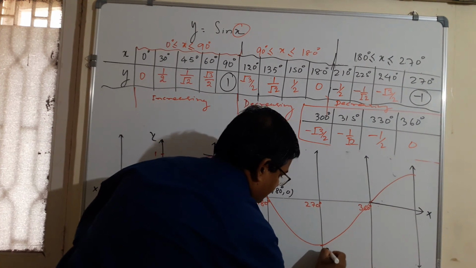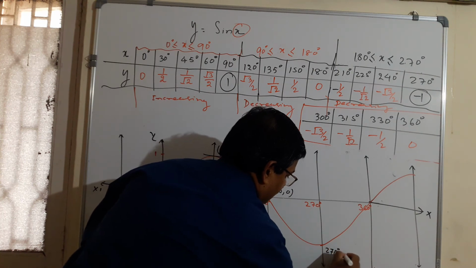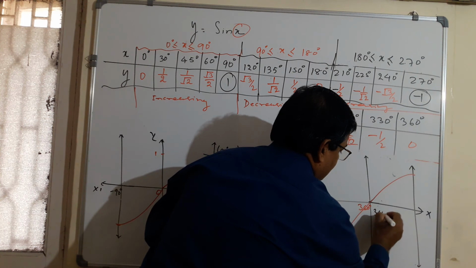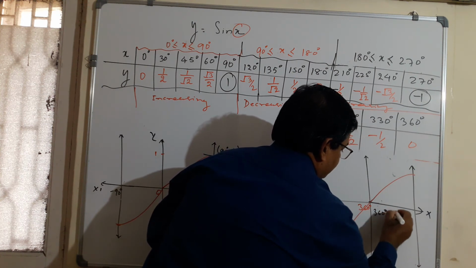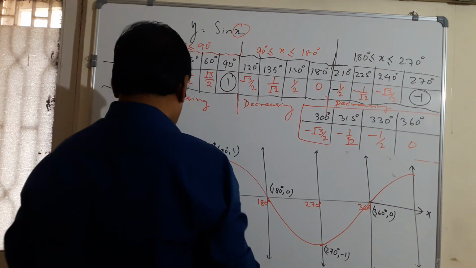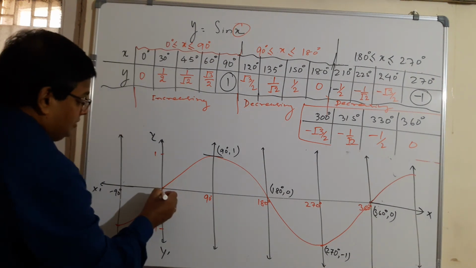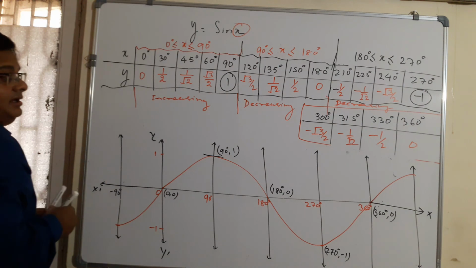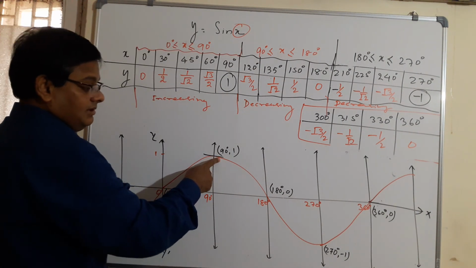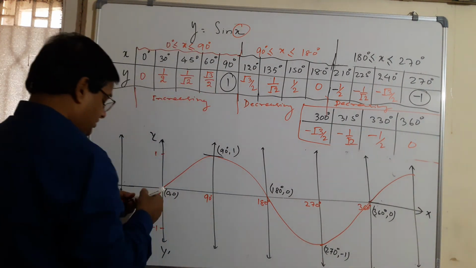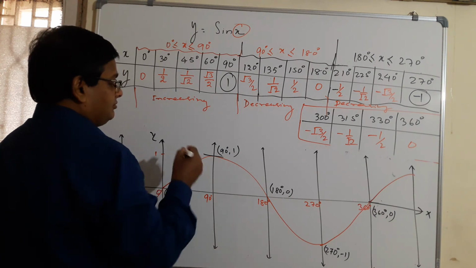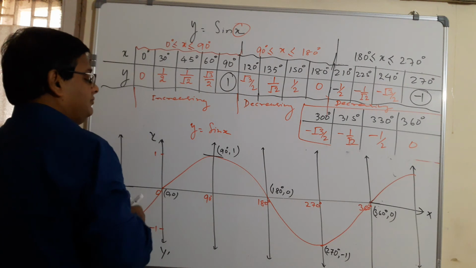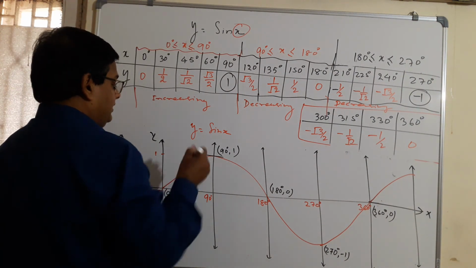At 270 degree, minus 1. At 360 degree, 0. Here 0, then 0, 0. So see here the maximum and here the minimum. This is the graph of y is equal to sin x.